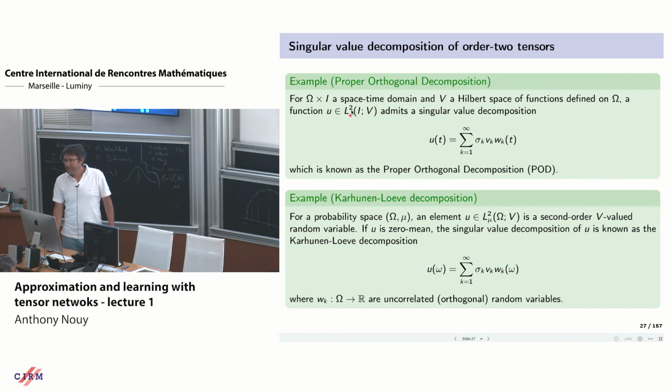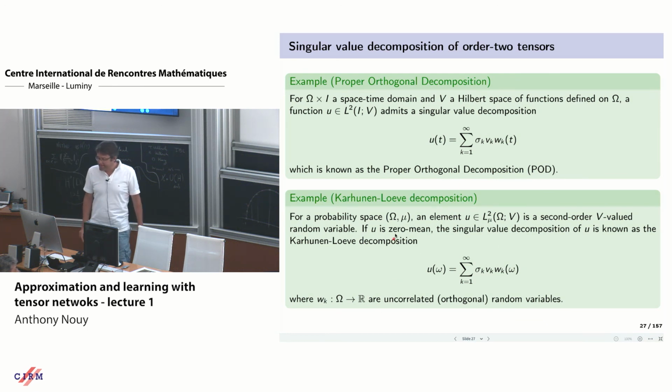If you remember, I told you that this Bochner space is a Hilbert tensor space. And you will have a singular value decomposition written like this, with time functions here, and functions in the space V of functions defined on omega. And this is called the proper orthogonal decomposition. This is usually called like this when you consider a space-time function.